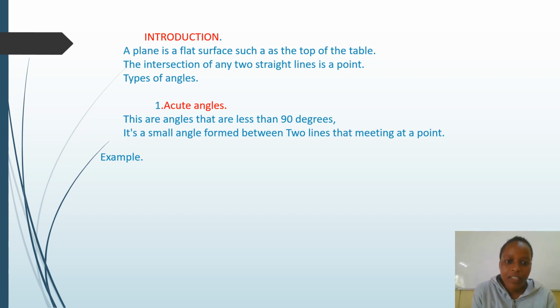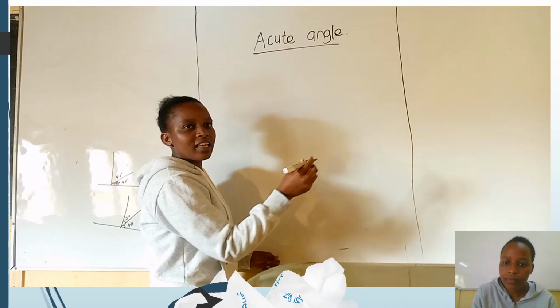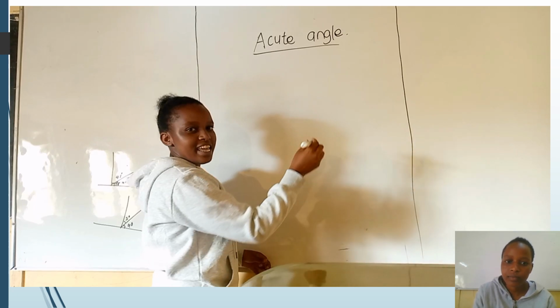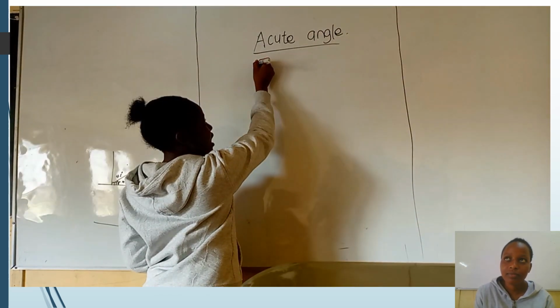Acute angles. These are angles that are less than 90 degrees. It's a small angle formed between two lines that meet at a point. Let us look at an example. Here we have an example of an acute angle.